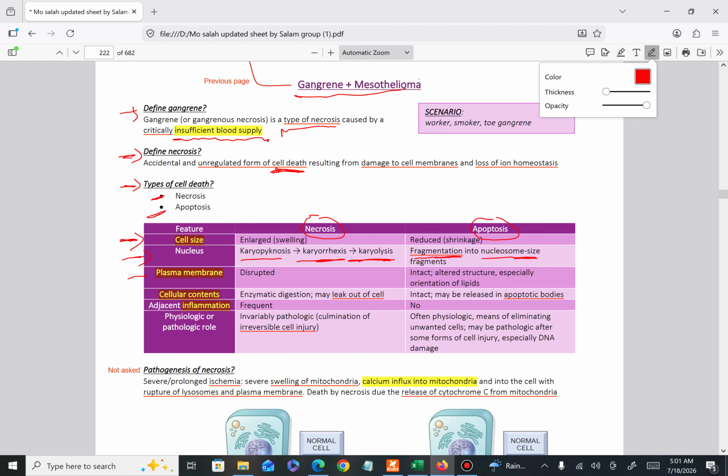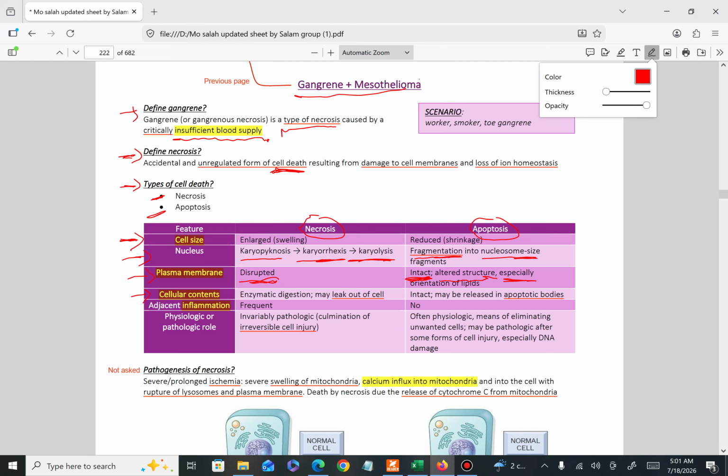Then the plasma membrane. In necrosis the plasma membrane becomes disrupted or damaged, while in apoptosis the plasma membrane is intact, but it has an altered structure, especially the orientation of lipids. Then the cellular contents.